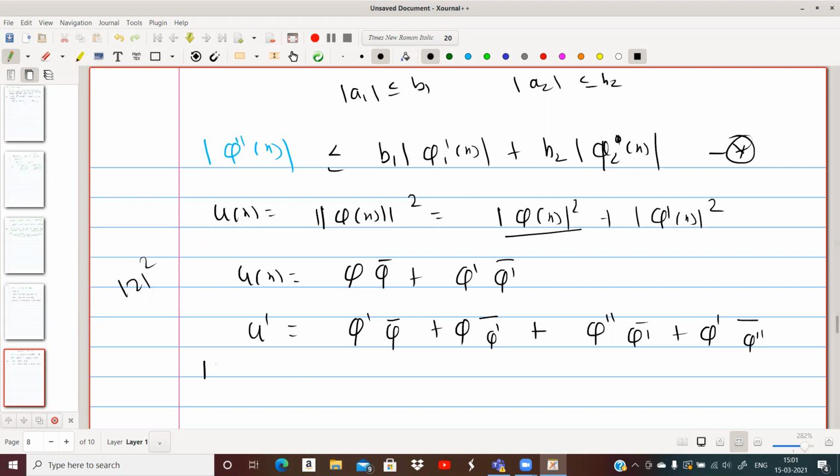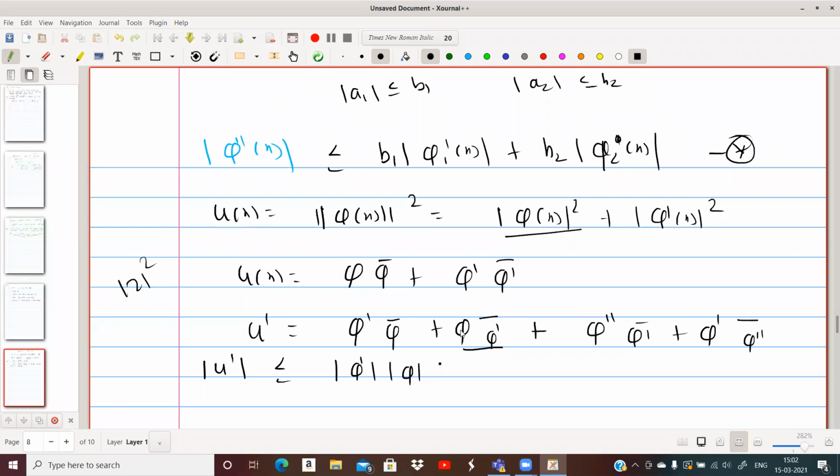Now just check the magnitude of u dash. It will be less than or equal to the mod of the individual terms. So I am writing directly, it will be less than or equal to mod of phi dash, mod of phi bar. The bar of this or magnitude bar, they are one and the same. When you write absolute value, bar has no meaning. So it will be 2 times magnitude of phi and magnitude of phi dash bar.